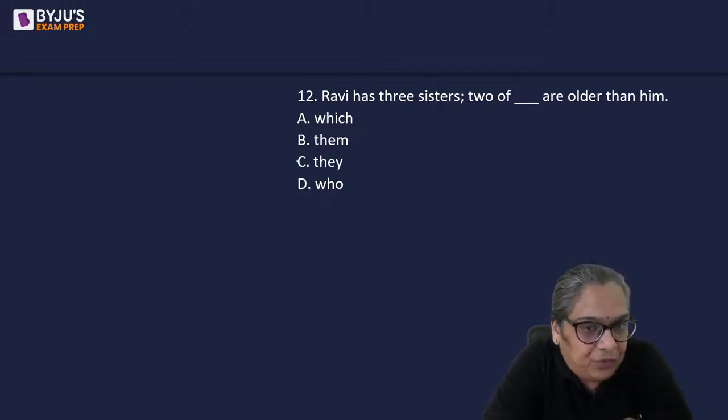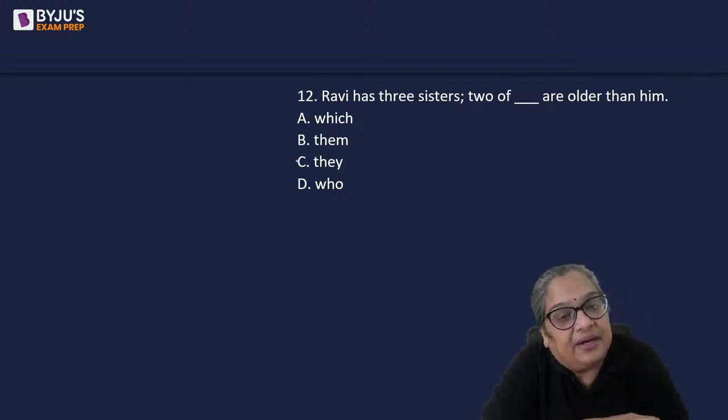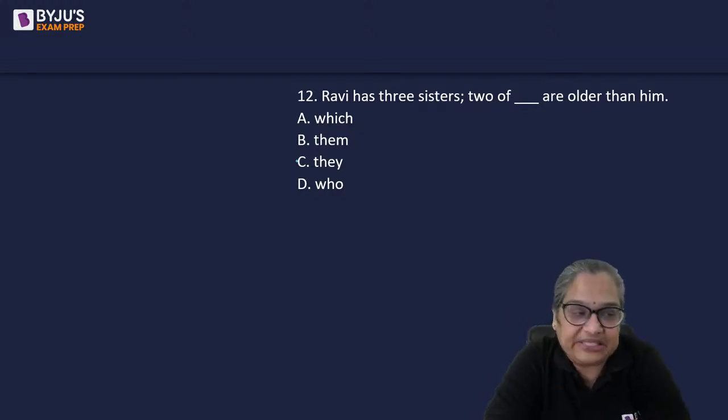Question 12. Grammar based. The previous one, question 11, was also grammar based. This is also a grammar based fill in the blanks. Ravi has three sisters; two of dash are older than him.